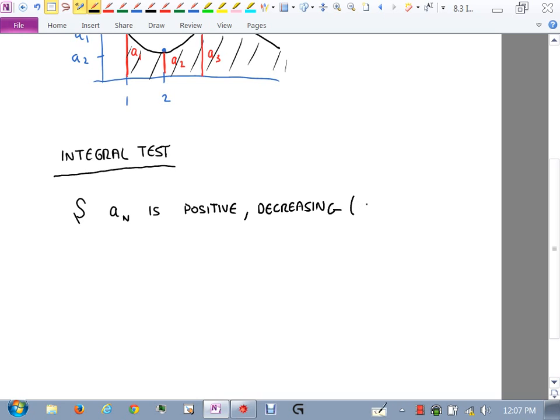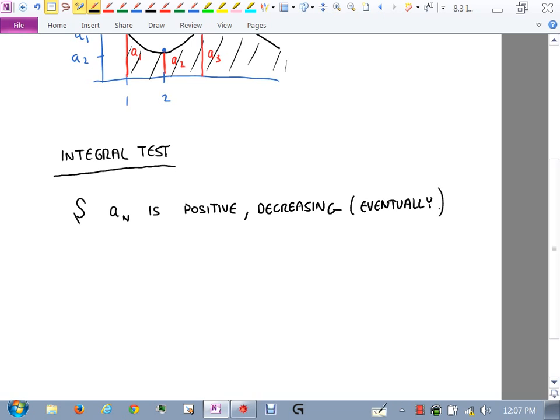And I'll add something to this. Eventually. What that eventually means is that your sequence might jump around a little bit. Now, everything has to be positive. It might jump up, then down, then up and down, but eventually, after some place, from that point on, everything is decreasing.